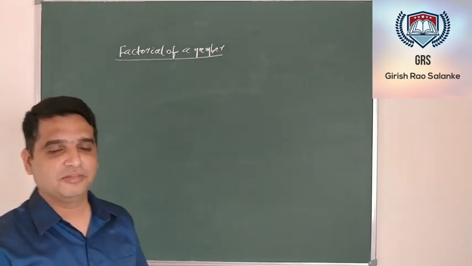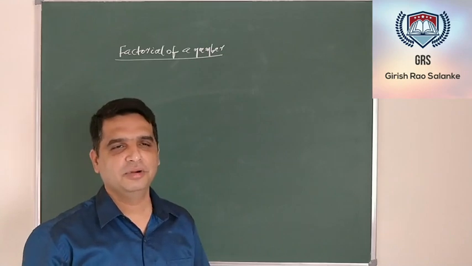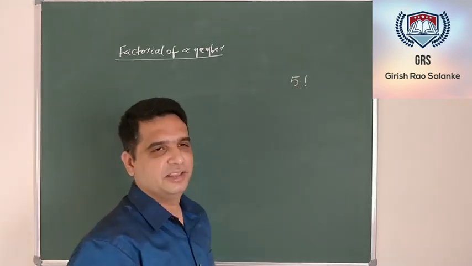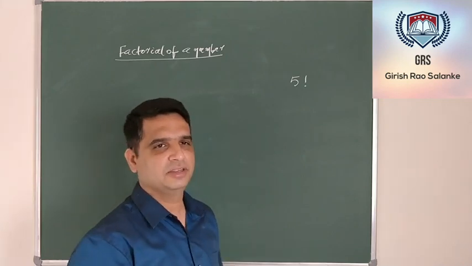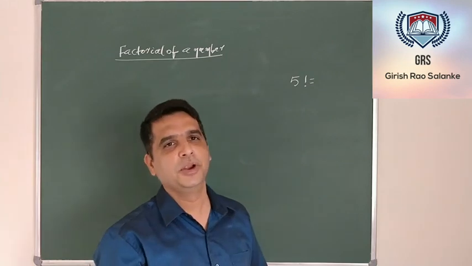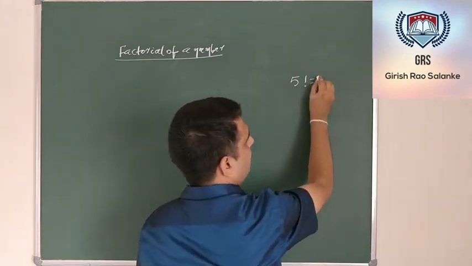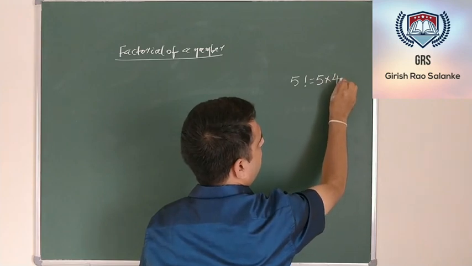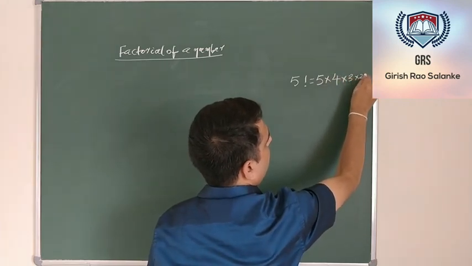In our high school definition, in order to calculate the value of 5 factorial, we might have expressed it as 5 into 4 into 3 into 2 into 1.